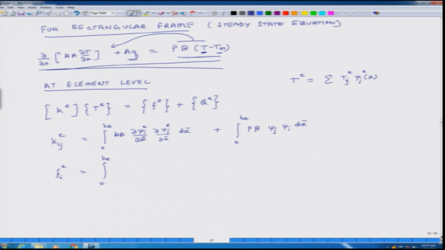So, that is A times Q times psi I dx, and then there is another source term which is related to T infinity, so this plus the integral from 0 to He of P beta T infinity.